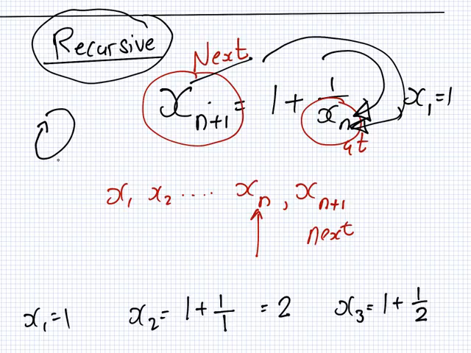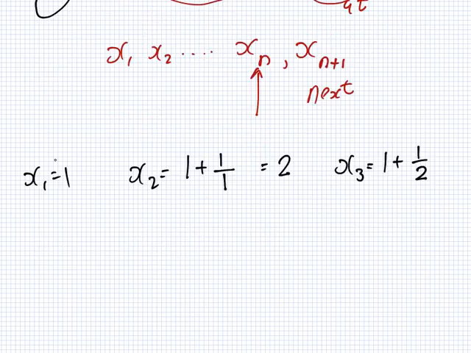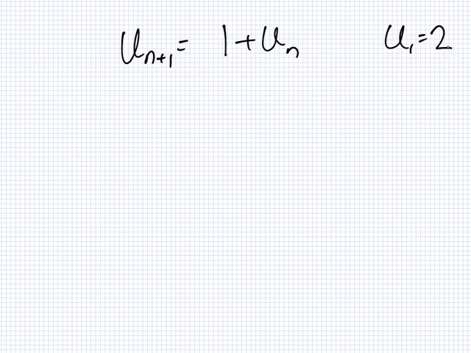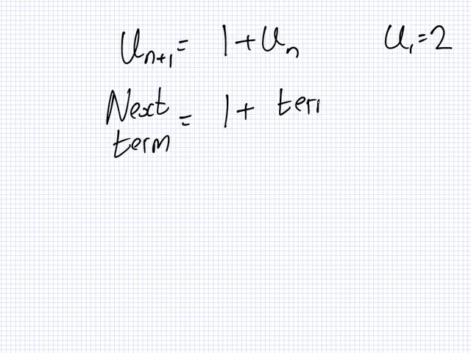So you put the n value on the x, and then I'll do another example, a little easier maybe. Can I scroll down a bit? Here's another example. Let's say un plus 1 equals 1 plus un. And I tell you to start at, let's say, 2. If I was to write this in words, what I would be saying is the next term is equal to 1 plus the term I'm at.